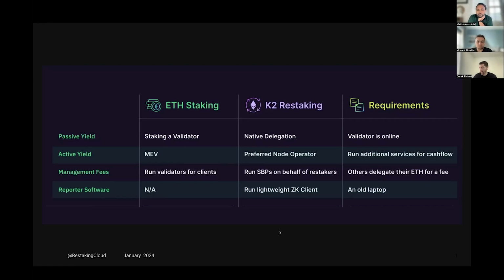And for these node operators that are receiving the payments, there are also additional opportunities for them, even outside of receiving delegations and collecting their management fees. They can run this reporter software, and it might seem a bit like a double dip where they can run these SVPs and get paid to run these networks, but at the same time, since they have the hardware already, they can also run these lightweight clients and enforce slashing on the network.